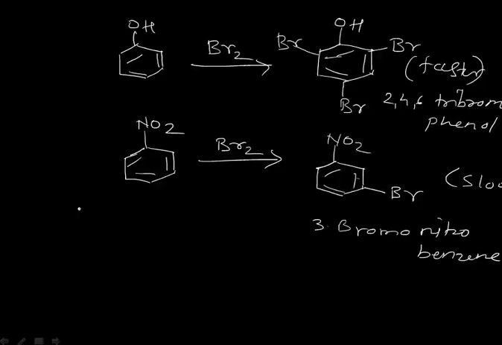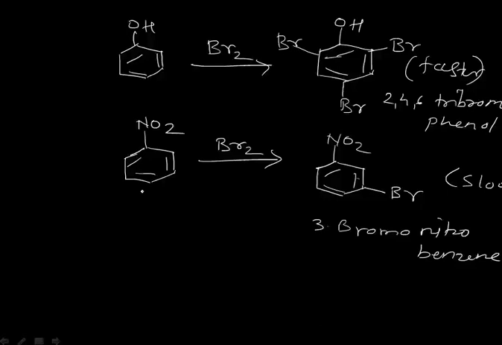So as far as the reactivity of an organic molecule is concerned, the electron availability at the site of reaction, as we have discussed in two examples, the carbon-carbon double bond or the carbons of the aromatic ring, is going to affect the reactivity of that particular molecule.